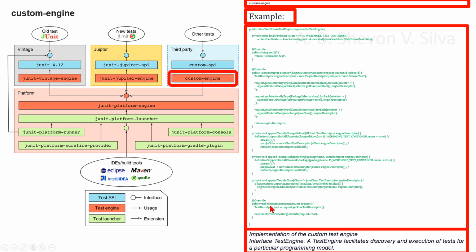It accepts an execution request and delegates most of its actual work to a helper class named SmokeTestExecutor. In this class, the various test descriptor variants are handled and individual tests are executed.